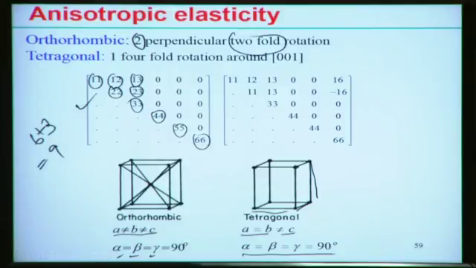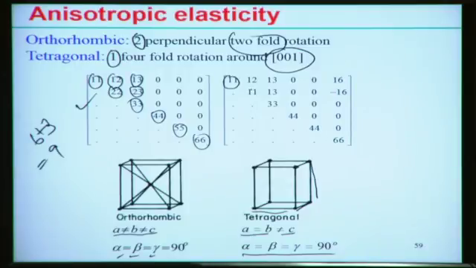This type of structure has 4-fold rotation around 001, with respect to one axis. If this type of symmetry exists, then the stiffness or compliances matrix terms can be represented this way.